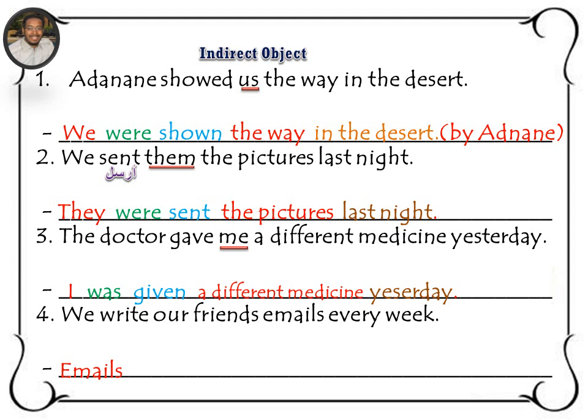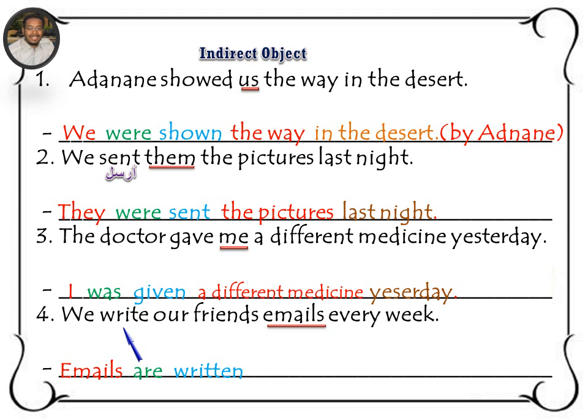And number 4, in this last example, we're starting with the direct object, emails. So emails, very good, are. Why are? Why not were? Exactly, because the verb write is in simple present. Very good. Next. Written, which is the past participle of write.